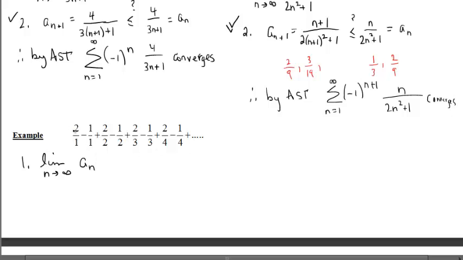So it appears to me this is 2, this is 1, this is 1, this is a half. Ooh, that's 2/3. That's an interesting one. This is a third, a half, and a fourth. I do feel like the terms are going to 0. So I'm going to say that the limit of the nth term is 0.